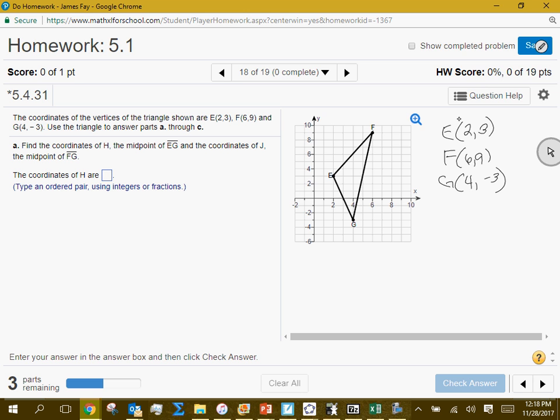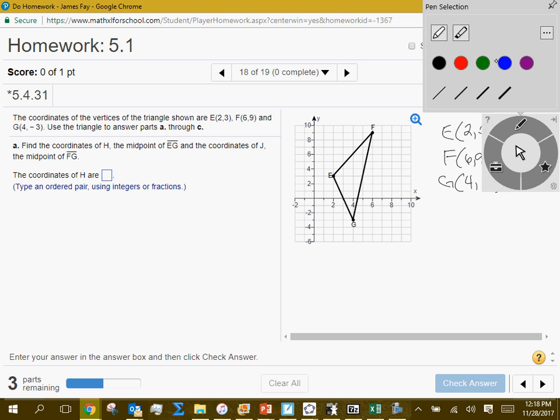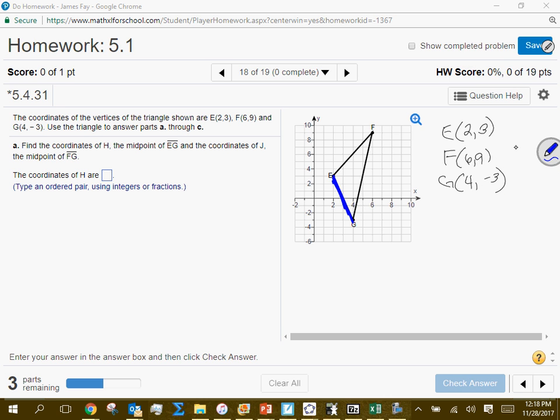Okay, see if I can color this for you. EG being that segment right there, we want to find its midpoint. Okay? Well, if you remember midpoints, the formula is to add the x values divided by 2, add the y values divided by 2. Okay? I'm getting a lot of people to find midpoints by trying to subtract.